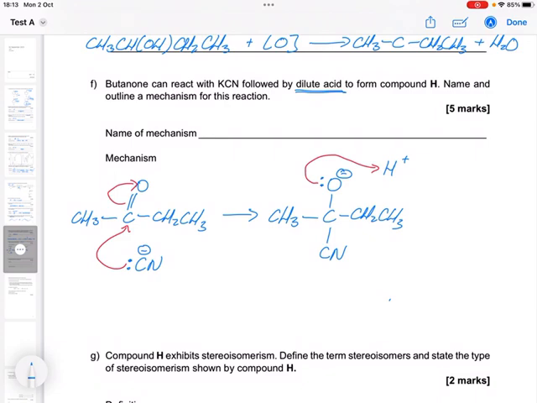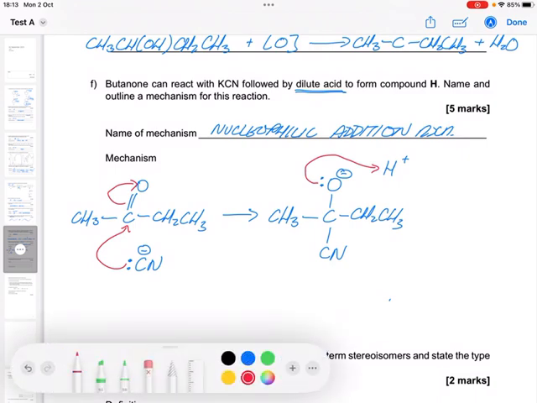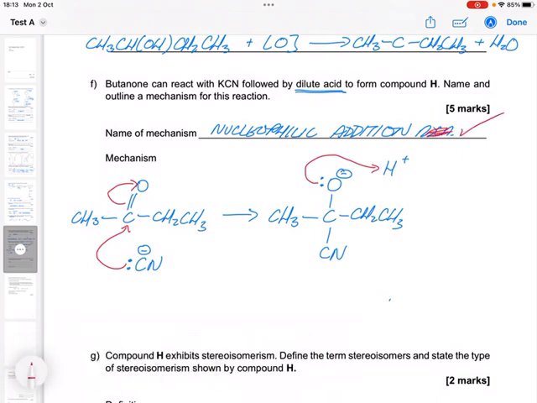And this is a nucleophilic addition reaction. So there's 1 mark for nucleophilic addition, 1 mark for that curly arrow, 1 mark for that curly arrow, 1 mark for a correctly drawn intermediate, and 1 mark for the final curly arrow there.